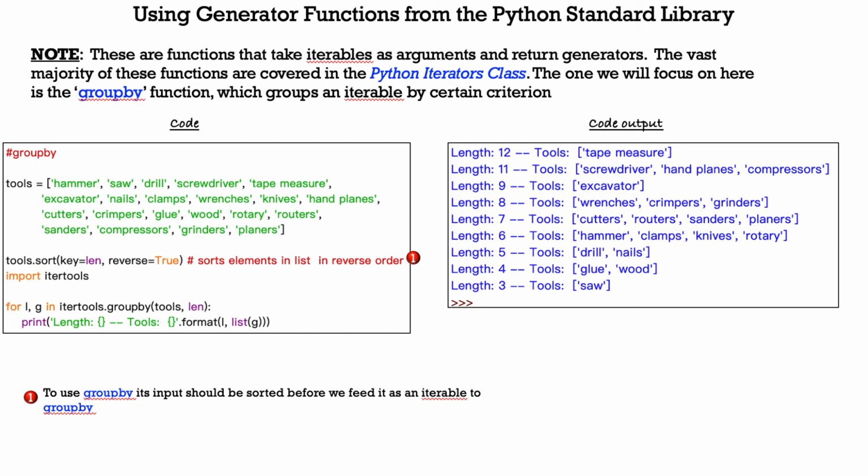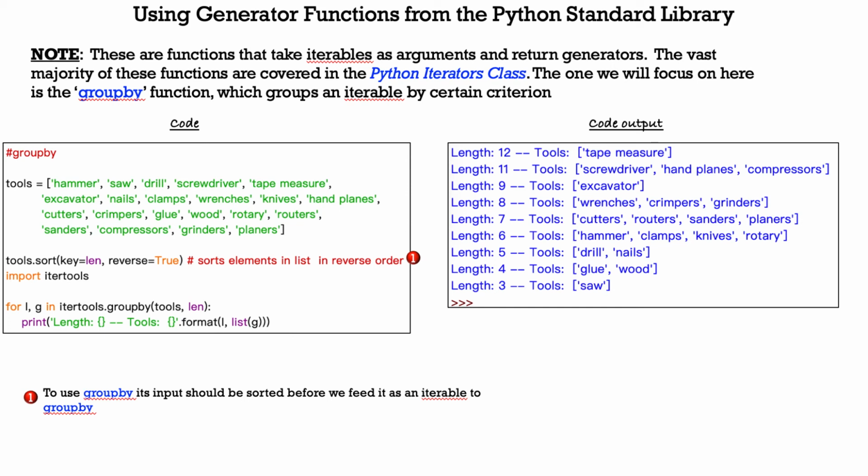So on the left-hand side, we have our code. We have a long list of tools, all these different hand tools and power tools that you may use. Then we sort tools using the sort method. tools.sort, key length, len, reverse equals True. To use groupby, its input should be sorted before we feed it as an iterable to groupby. So then we import itertools because groupby is in that package.